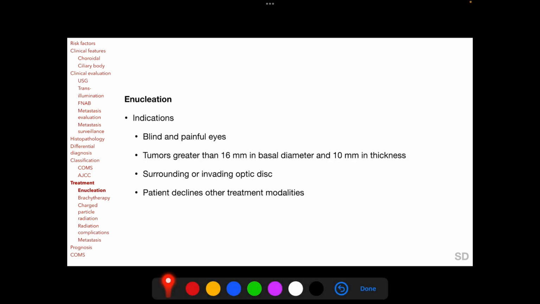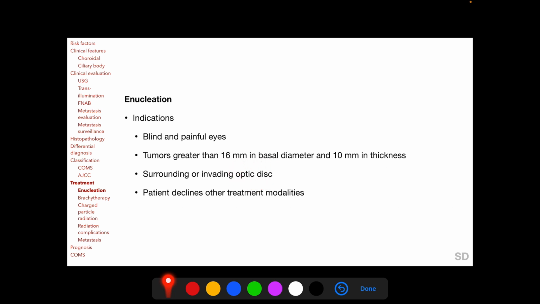The primary modalities of treatment of posterior uveal melanoma are enucleation and radiotherapy. We may note here that chemotherapy, which is the cornerstone of treatment for retinoblastoma, has no role in the treatment of posterior uveal melanoma. Indications for enucleation include blind and painful eyes with choroidal melanoma, tumors greater than 16 mm in basal diameter and 10 mm in thickness, which are difficult to control by radiotherapy, and tumors surrounding or invading the optic disc.